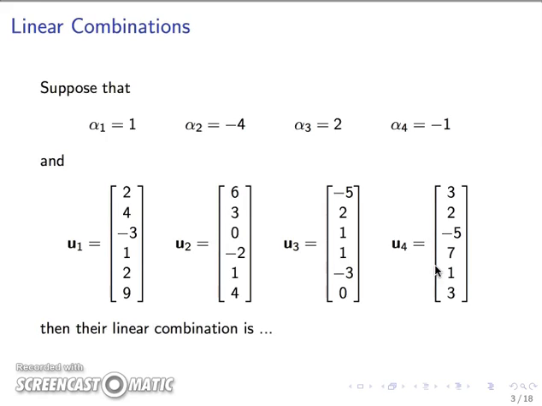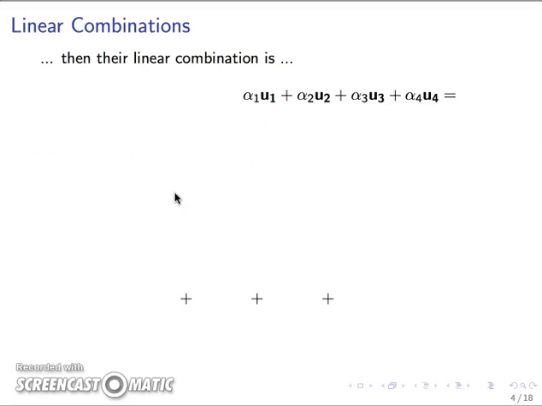So here we have an illustration with four column vectors and four scalars, and the idea is that we are going to multiply each of these vectors correspondingly by each of these values. We're going to do the scalar multiplication operation. So we start with alpha 1 times u1 plus alpha 2 times u2 plus alpha 3 times u3 plus alpha 4 times u4.